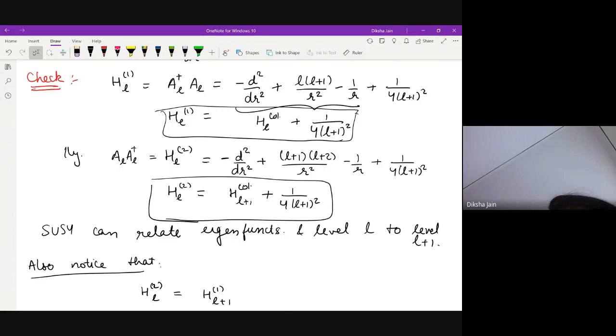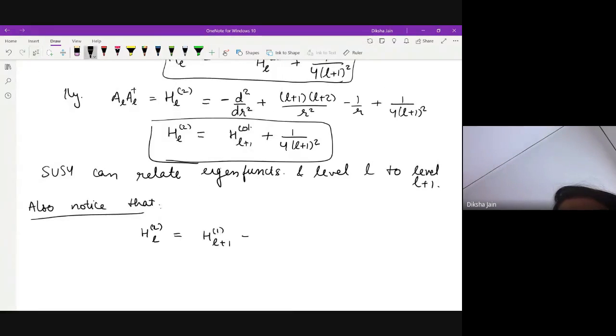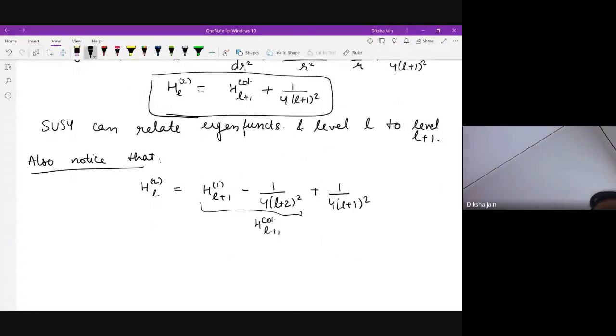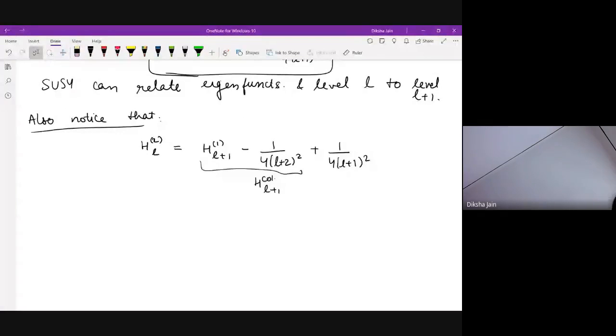So this will be minus 1 by 4 L plus 2 whole square plus 1, this term was 1 by 4 L plus 1 whole square. This thing basically was H Coulomb of L plus 1. You can check. So H1 and H2 themselves are related to each other. So Lth level of H2 is related to L plus 1th level of H1 plus some shift.